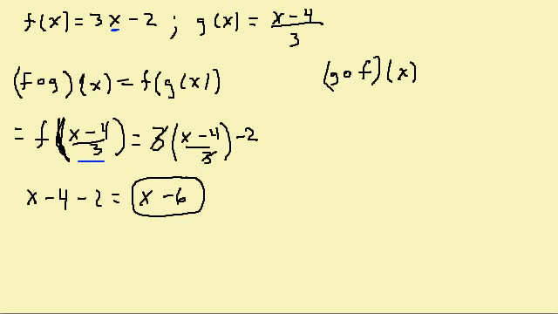Now let's find g circle f of x. So this is equal to g of f of x, which is equal to g of, and f of x is 3x minus 2. So that's g of 3x minus 2.